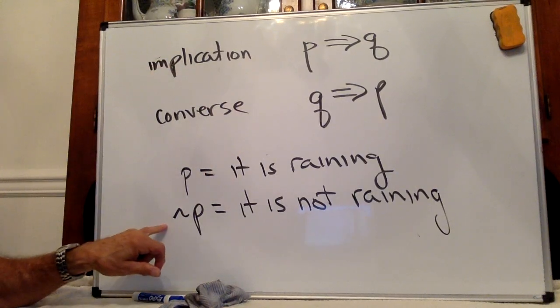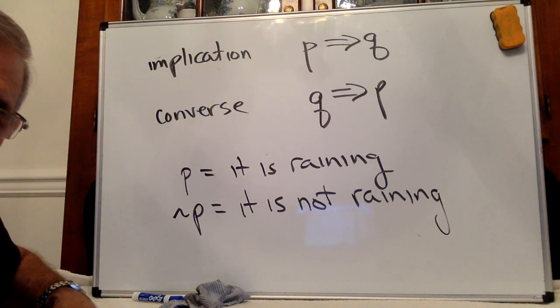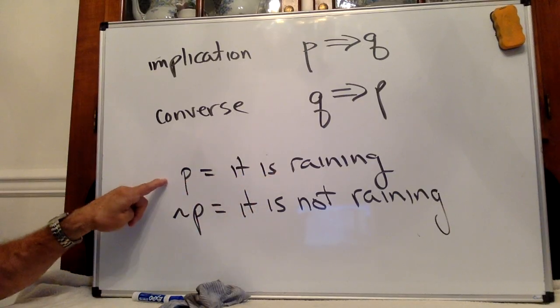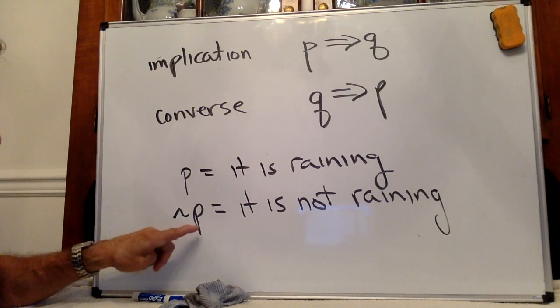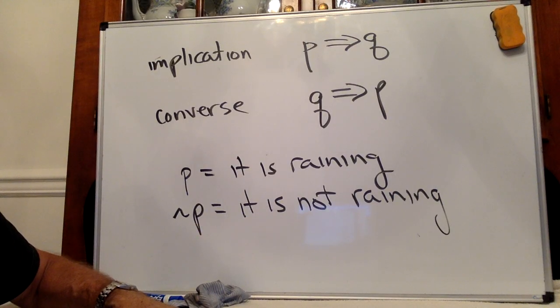So the negation of a statement is just the opposite of what the statement says. It is raining. That's how I define statement P. So not P, it is not raining.